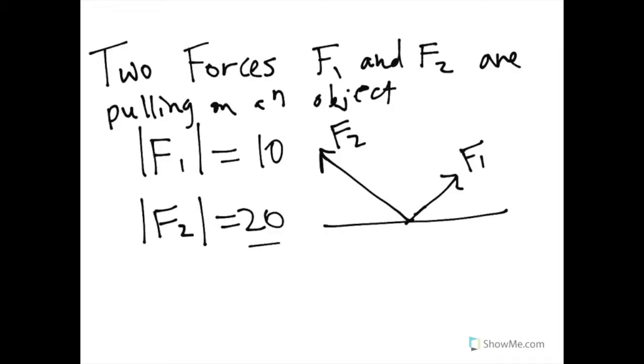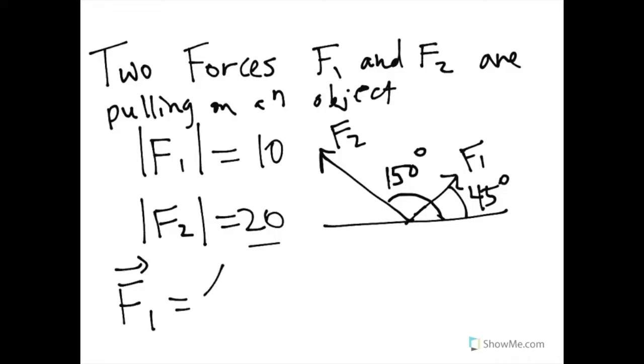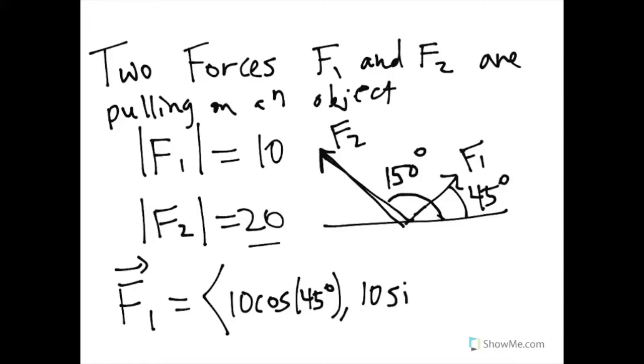Okay, we need some angles in here as well. Force 2 has an angle of 150 degrees. That's like its direction, like our theta when we talked about polar coordinates, and F1 has an angle of 45 degrees. So I'm going to write force 1 as 10 times the cosine of 45 degrees, comma, because we're not using i j notation here, 10 sine of 45 degrees.